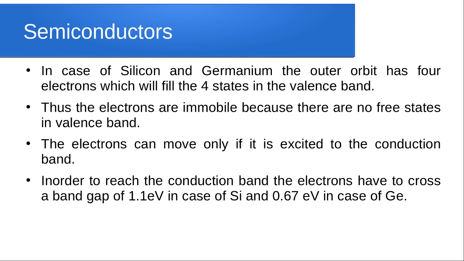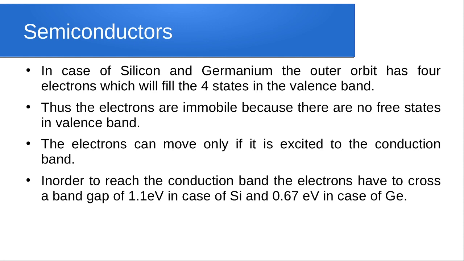So the valence band will be full with the electrons. We are having only 4 states in the valence band, and we are having 4 electrons. Thus, the electrons are immobile because there are no free states in the valence band for the electrons to move. The electrons can move only if they are excited to the conduction band.